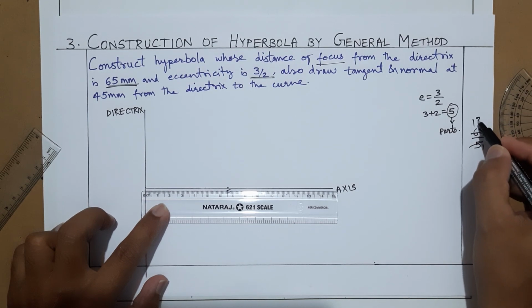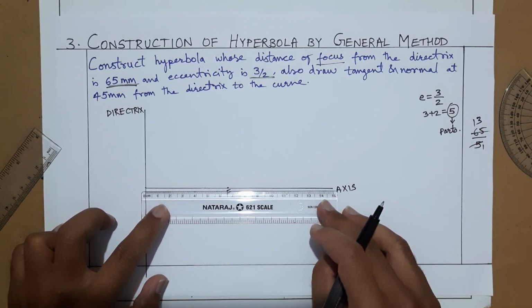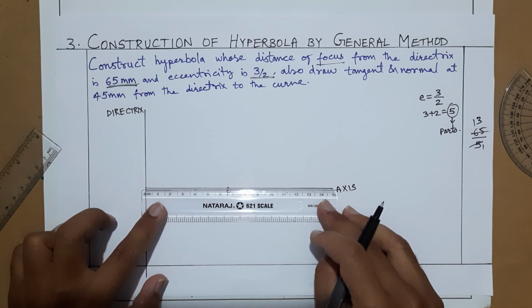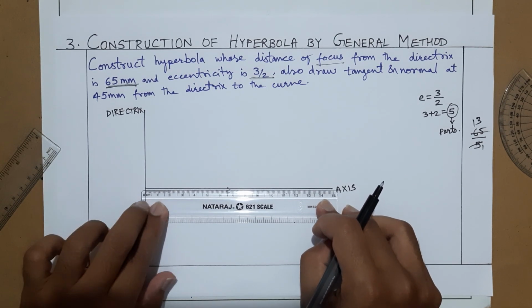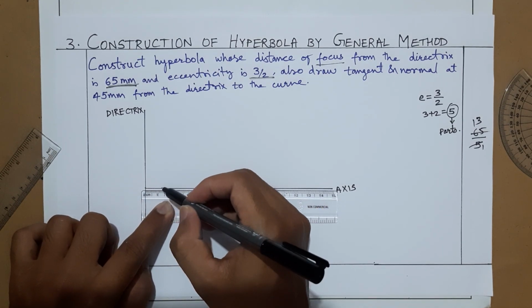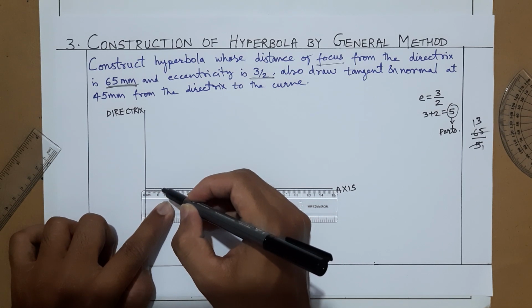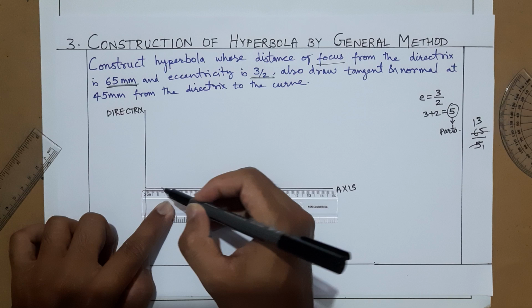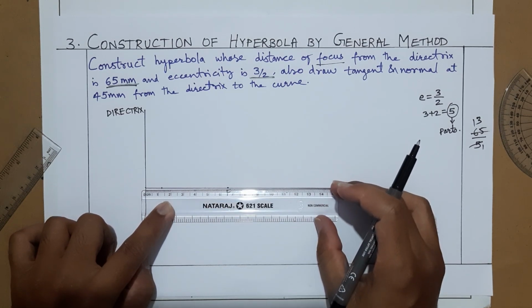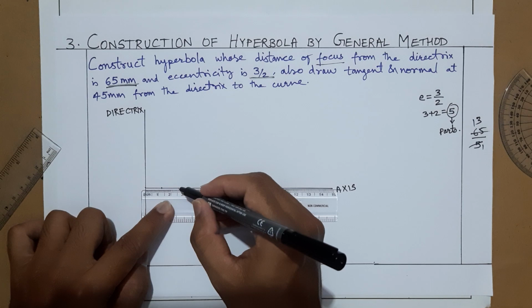13 mm. So here 13 mm each part you have to mark. Or you can read 13th table, 13 ones are 13, 13 twos are 26, like that.